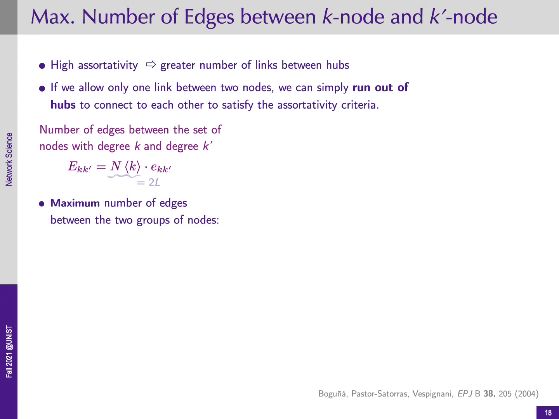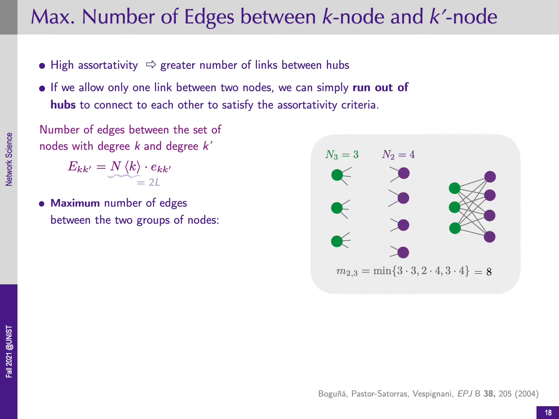But in reality, the maximum number of edges is limited if you consider this simple network. So here we have 3 nodes with degree 3, okay, 4 nodes with degree 2, and we try to match by linking each of the stubs, right?